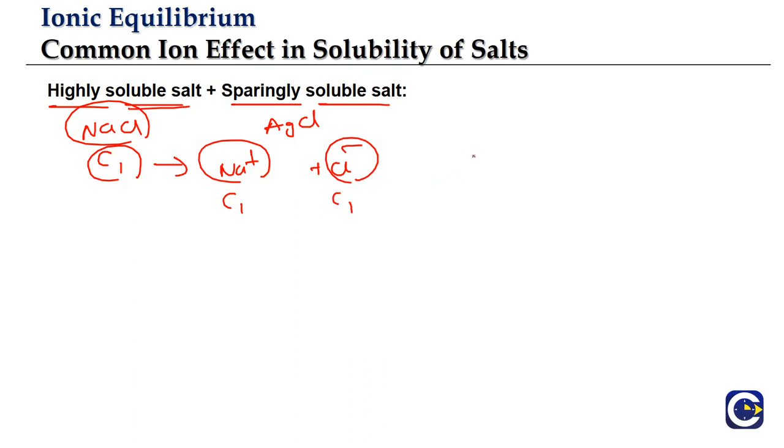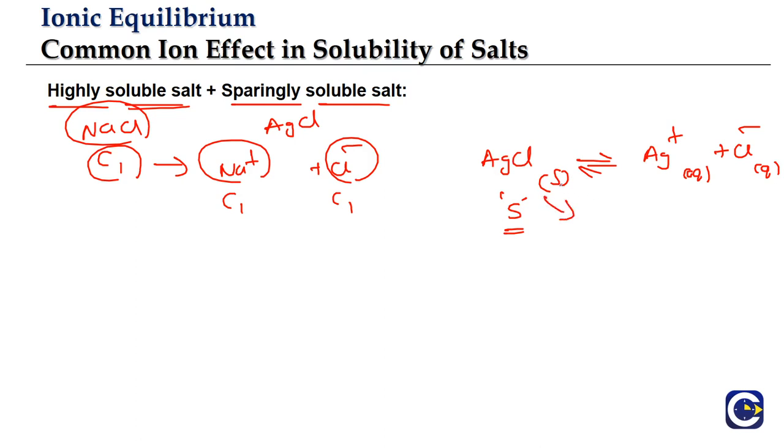Now in addition to that, there is also the solubility of the AgCl that is happening, but this is going to go through an equilibrium. So it is going to give us Ag plus ions and Cl minus ions. So here if we talk about the solubility as S, then as per the equation, if one particle of AgCl is dissociated, it is going to give us one Ag plus ion and one Cl minus.